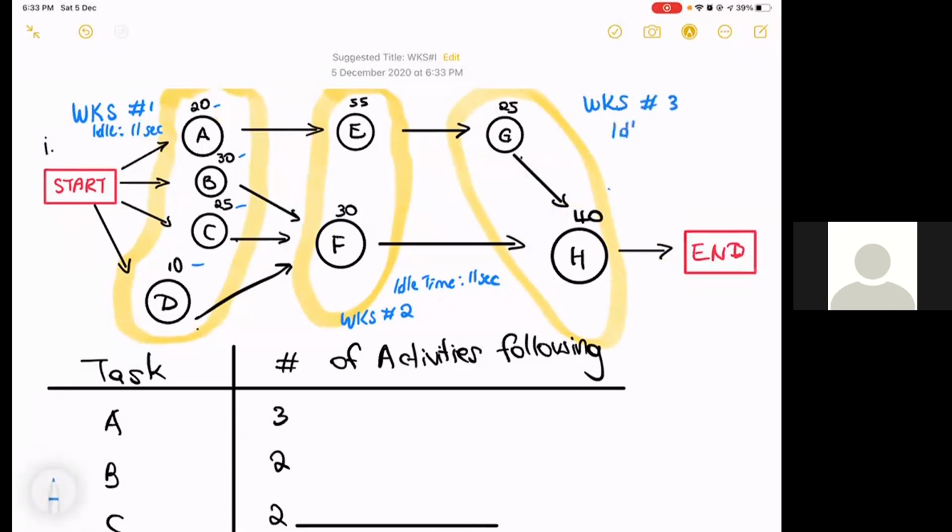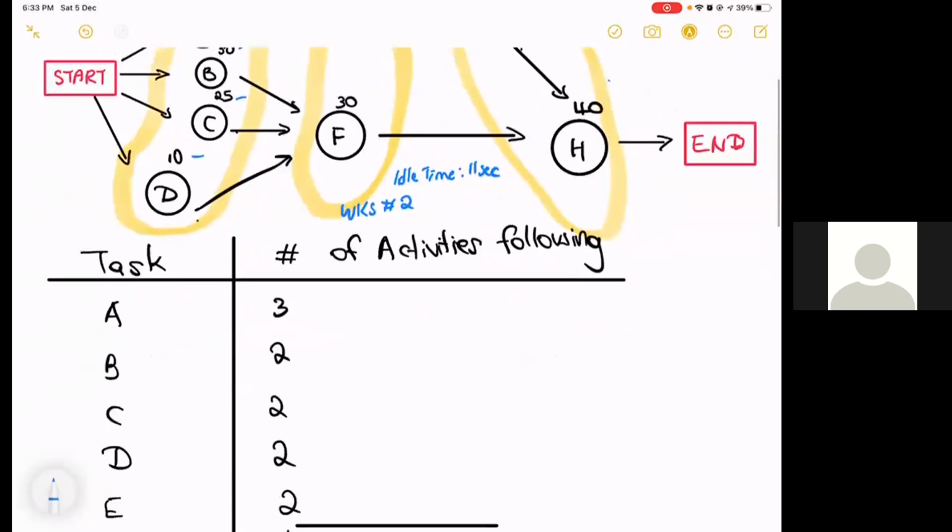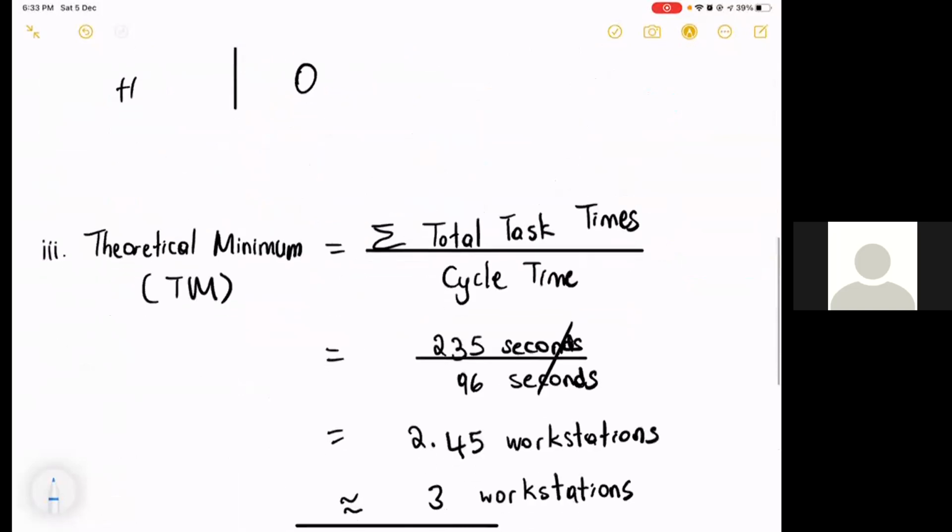We have our idle time. Was that 65? Okay, 31. Okay, so that's it, guys. That is number 4.